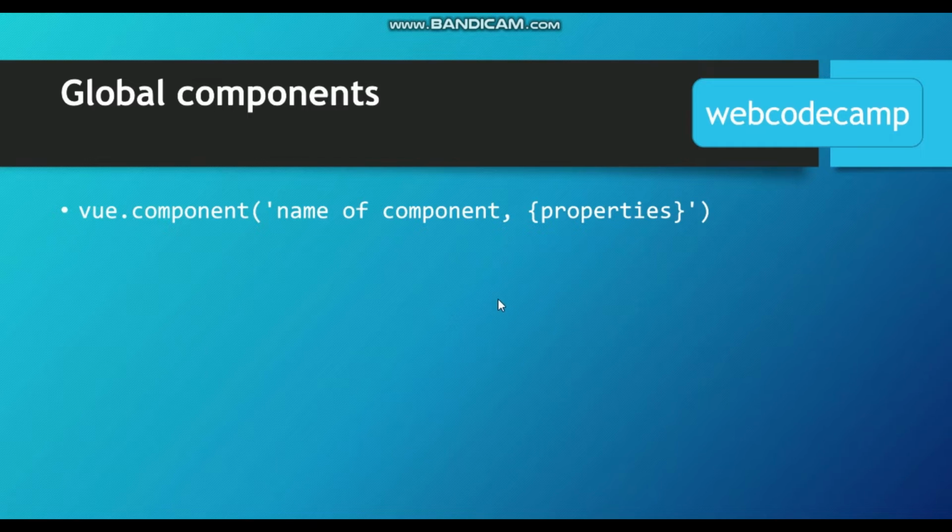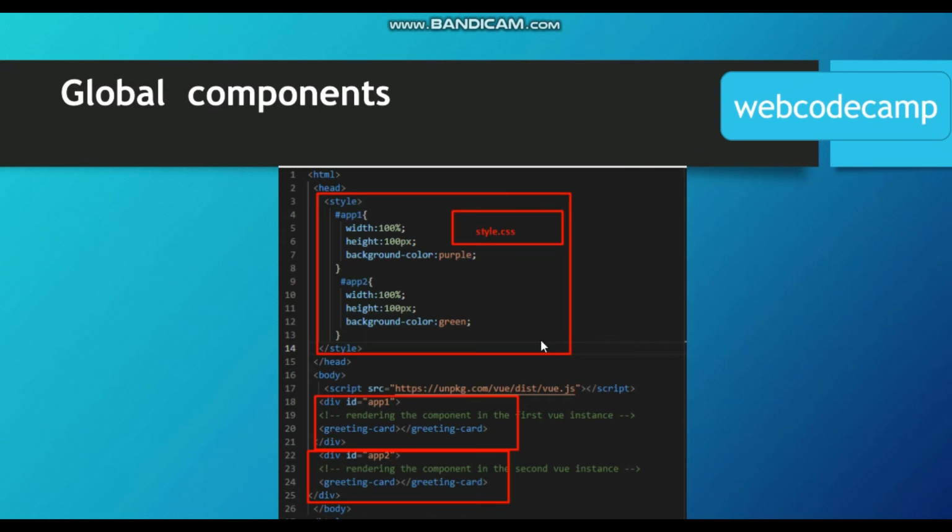In the next tutorial we will show the global component and the local component practically, so don't worry about this. You will see it here in an image, and I will add this image here. At first you will see style.css, which gives some design here.